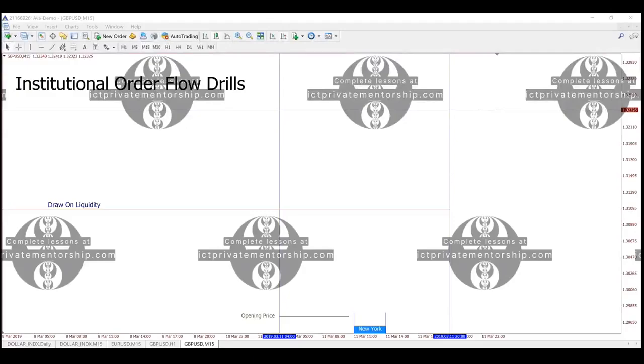What you're trying to do is desensitize yourself from the right or wrong conundrum. So in other words, while we're practicing in a demo, we want to take advantage of the benefits of not needing to be right. Because when we're wrong with a live account, most of the time that's going to lead to a loss of funds.